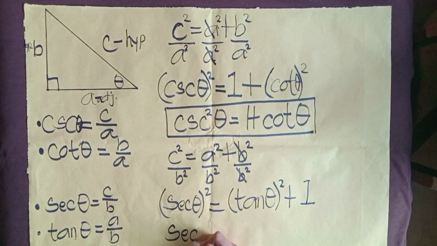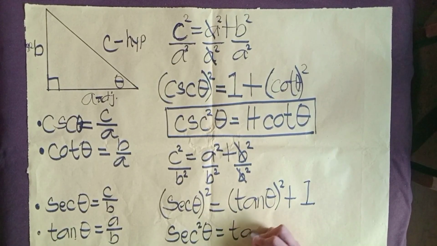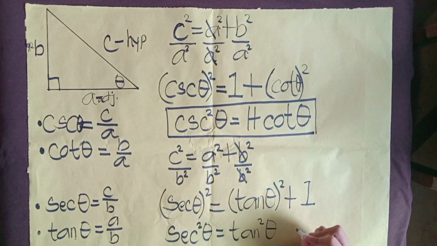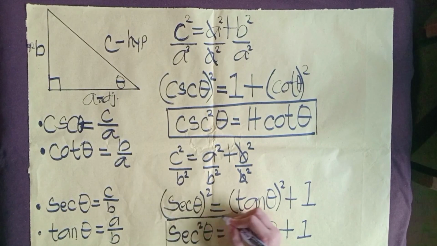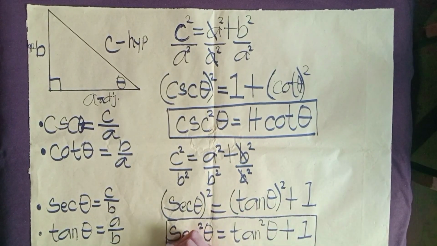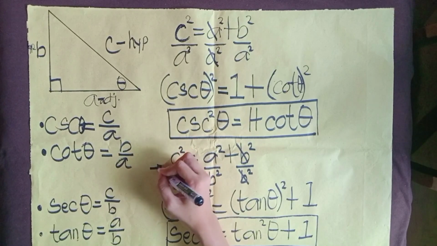So therefore, we have another relation that secant squared theta equals tangent squared theta plus 1. So we have done deriving the Pythagorean identities.